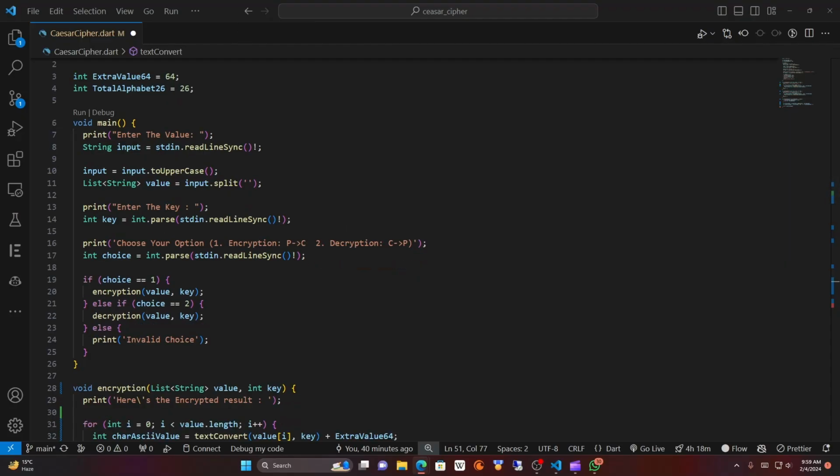Then we have our main function, which is the entry point of our program. It initiates the user interface for input and prompts the user to choose between encryption and decryption.